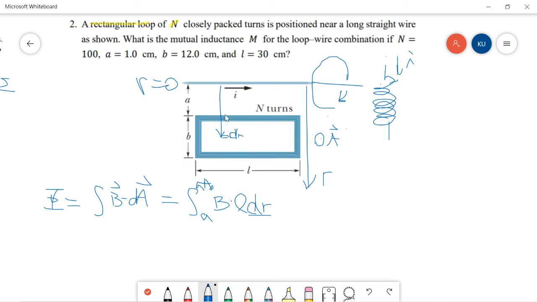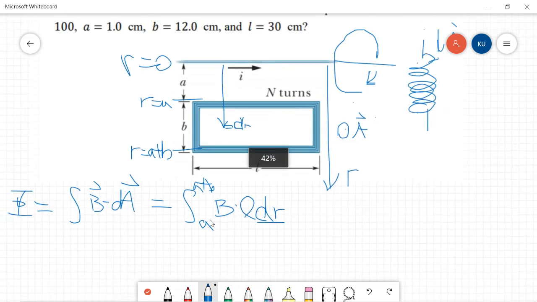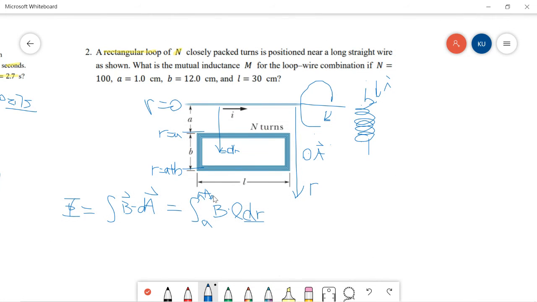And L is constant, because this is a rectangle. We need to consider from r equals to a to r equals to a plus b. So this is r equals to a, this is r equals to a plus b. So we have the lower and upper bound like this.